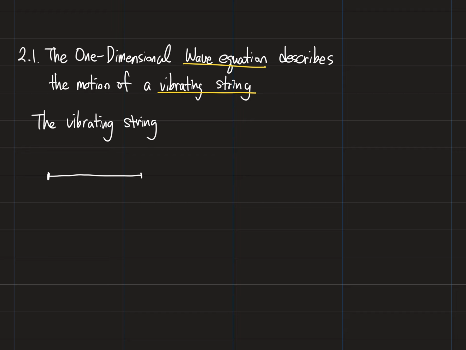There are two ends, fixed points, and let's say this axis is the x-axis. On one end we have a fixed point at x equals 0, and the other point is also fixed at x equals L. So the length of this string is L. If you pluck the string at some point, you can expect the string to vibrate something like this.